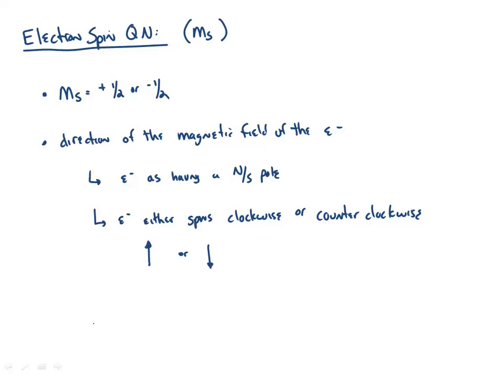And after that, we don't really care. And what it's responsible for is that if you take an atom, or if you take an element, and you pass it through a magnetic field, half of it is deflected up, and half of it is deflected down because of that electron spin.